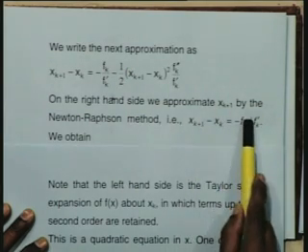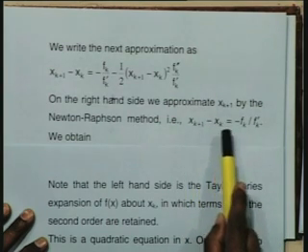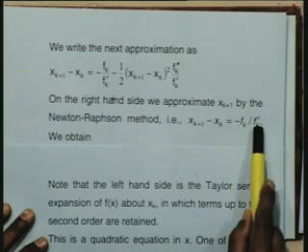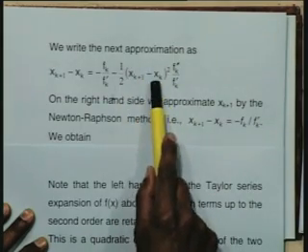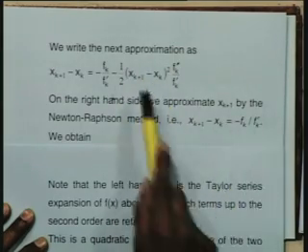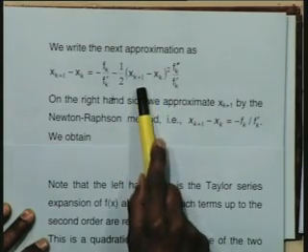This I brought xk from the right hand side to the left hand side. So xk plus 1 minus xk is minus fk divided by f prime k. So I would like to replace this xk plus 1 minus xk by the Newton-Raphson method, which says that this can be approximated by minus fk by f prime k.